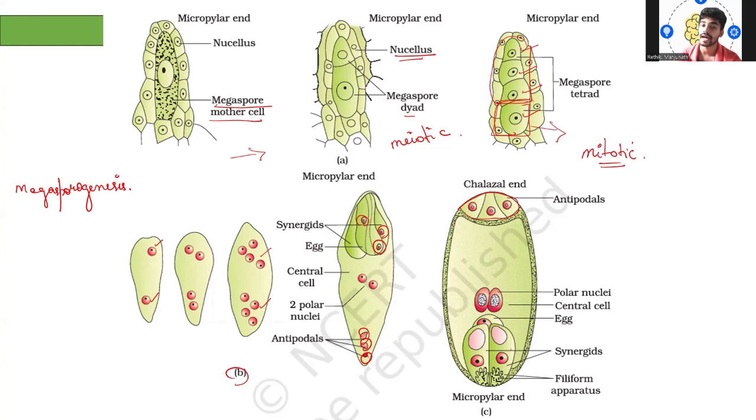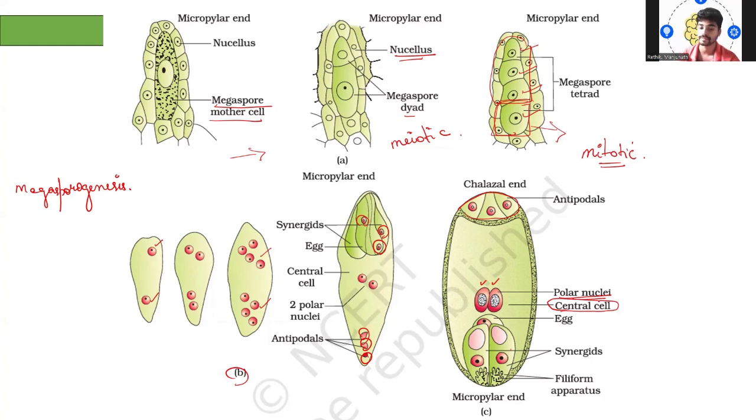Cell wall. And they are being properly organized into cells. Whereas the remaining two nuclei which you see here are termed polar nuclei, and they are situated in the center of the cell.